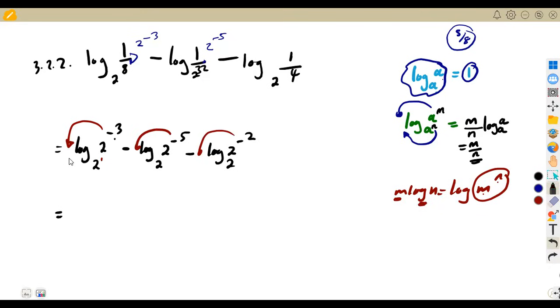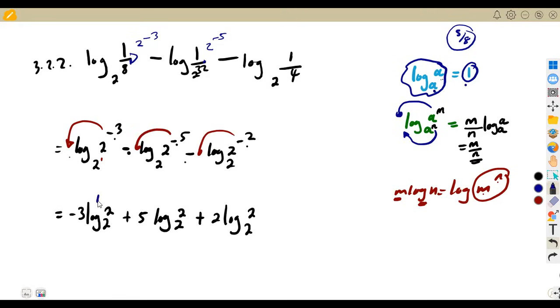So that's negative 3 times the logarithm of 2 in base 2. Negative 5 and the negative is going to be a positive 5; we remain with log 2 in base 2. Negative 2 and the negative is going to be a positive 2. We have the logarithm of 2 in base 2, whereby I explained that the logarithm of a in base a is 1.